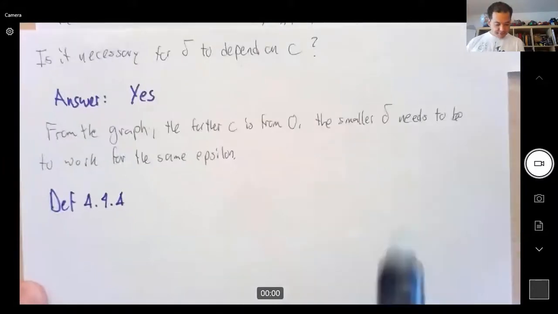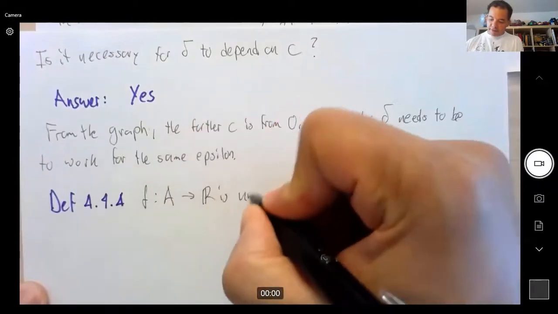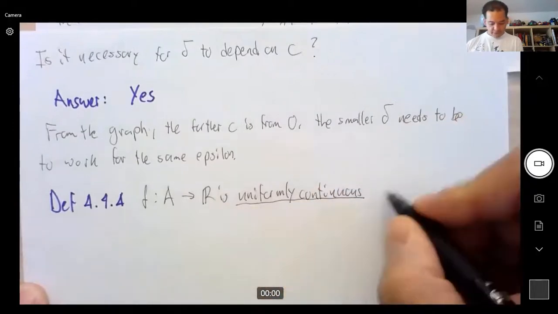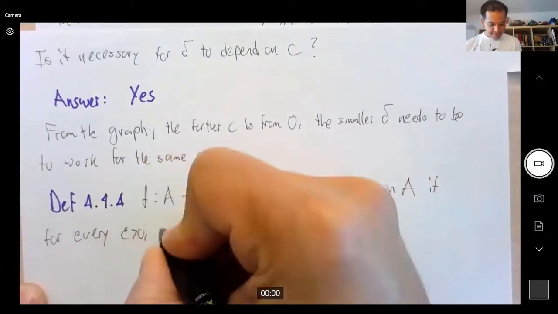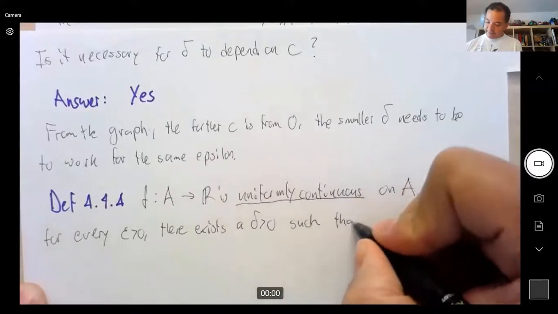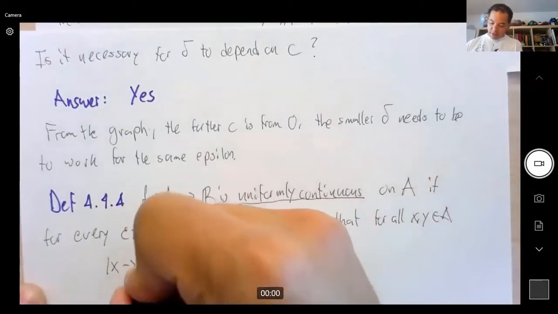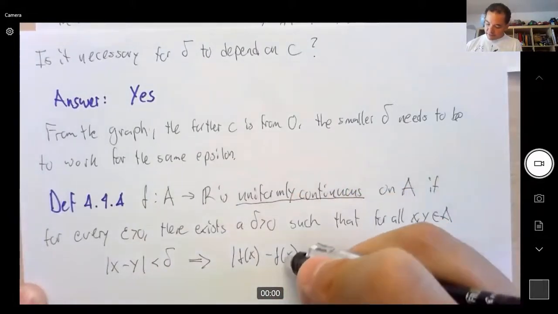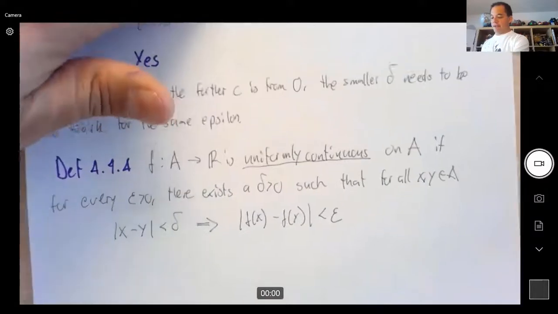And it says the following. f from A to R is uniformly, that's a new word, uniformly continuous on A if for every epsilon there exists a delta greater than 0 such that for all x and y in A, the absolute value of x minus y less than delta implies the absolute value of f of x minus f of y is less than epsilon, right? So if you think about it, this means that the same delta would work.